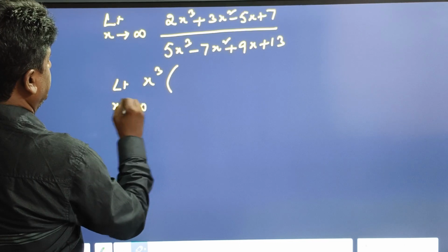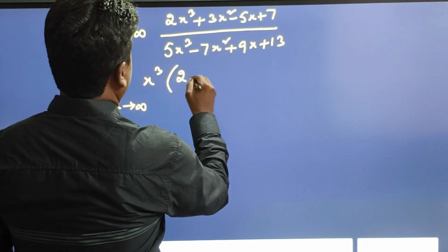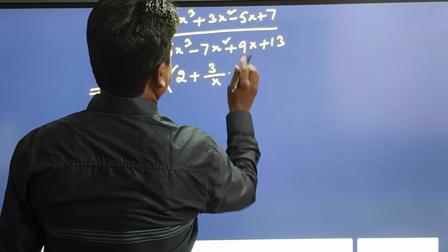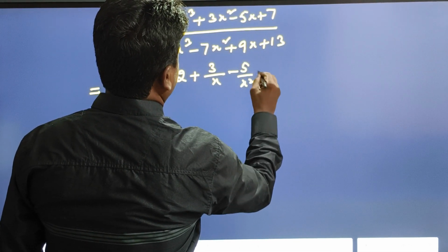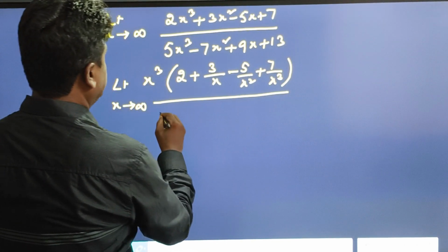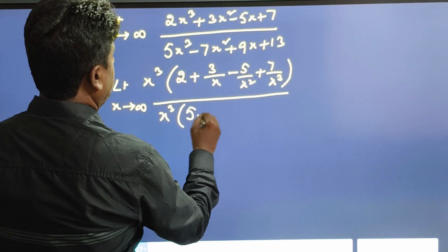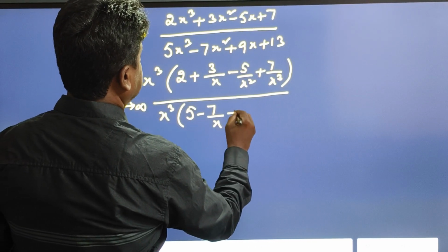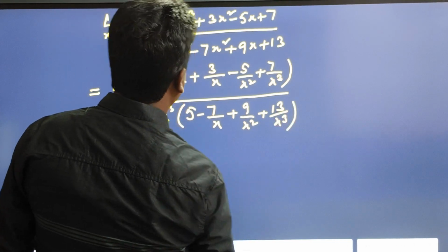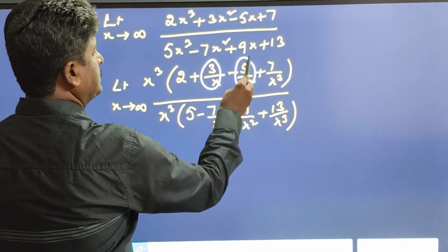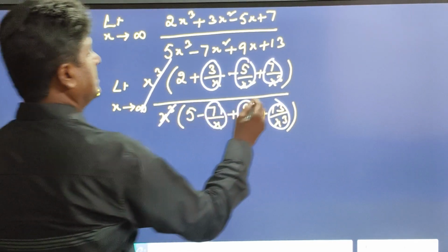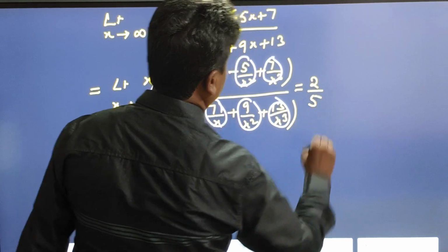Limit x tends to infinity, 2 plus 3 by x minus 5 by x square plus 7 by x cube, by, in the denominator, x cube, 5 minus 7 by x plus 9 by x square plus 13 by x cube. We know very well that each of these terms is 0, gets cancelled. Answer is 2 by 5.